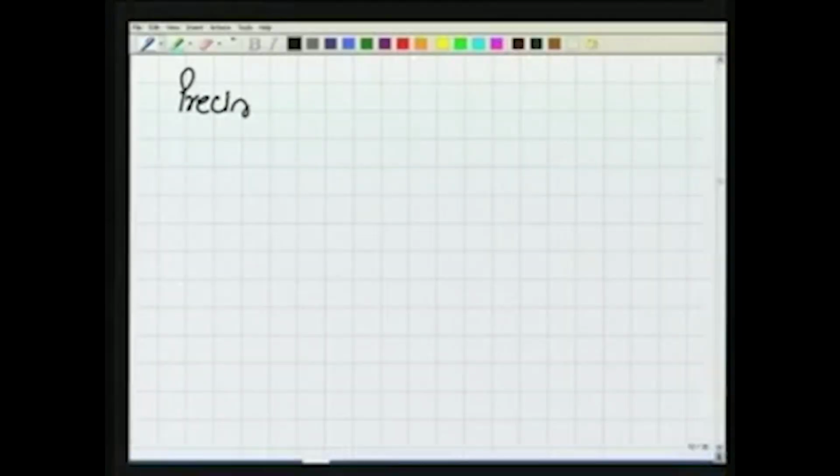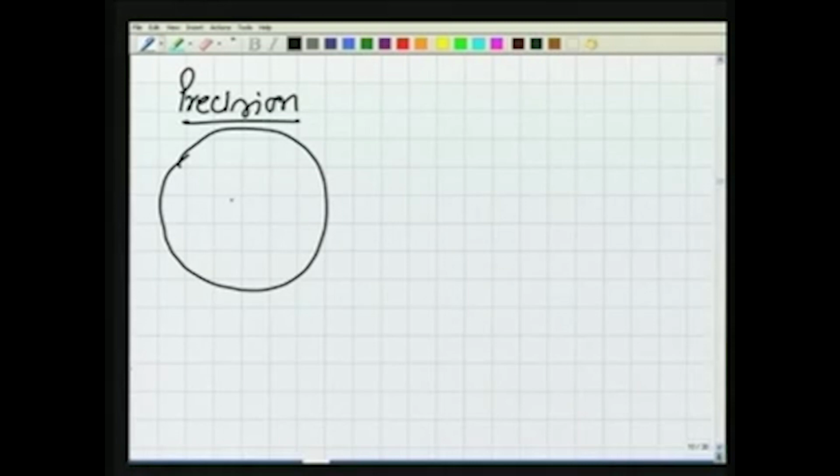We saw in our last video lecture a term called precision. Now we have seen so far the meaning of precision, and I gave you one example where you are firing bullets at the bull's eye. Let us say there is a fireman and he is very good.